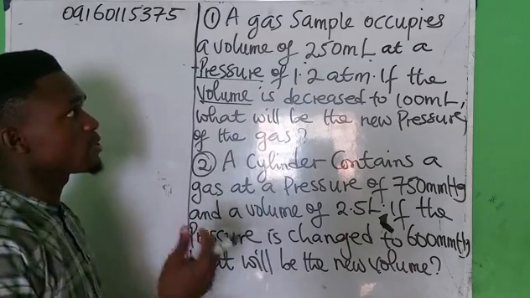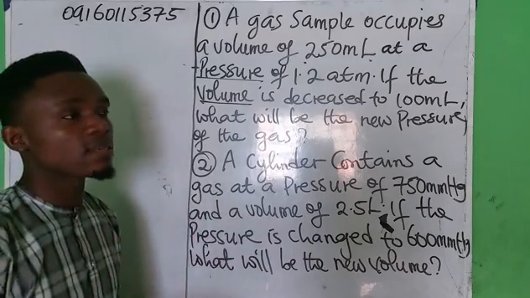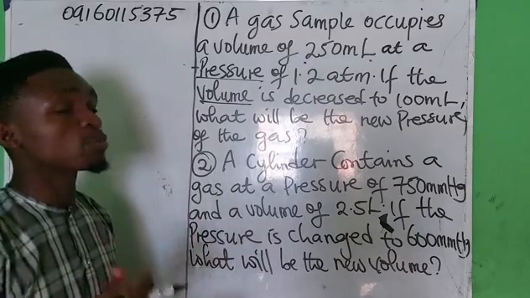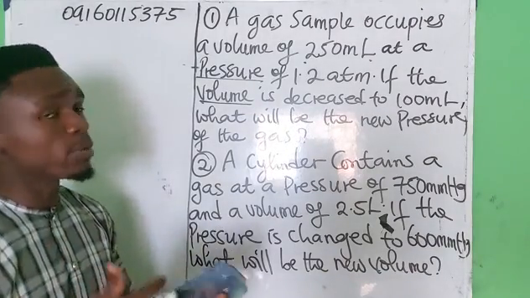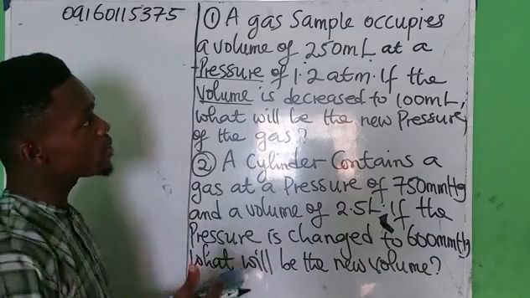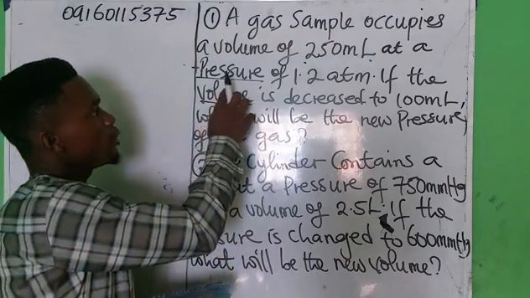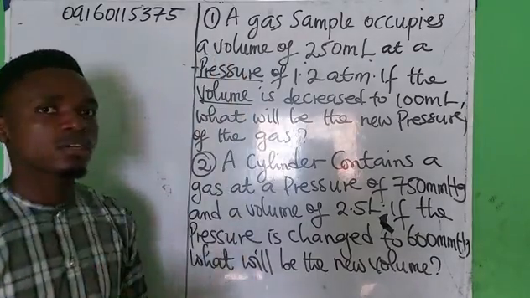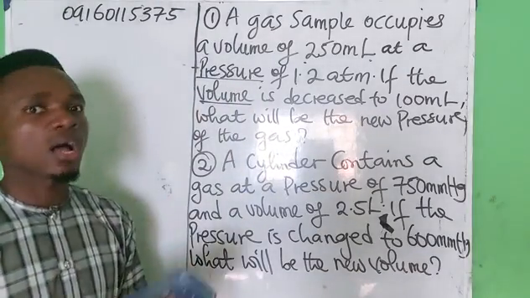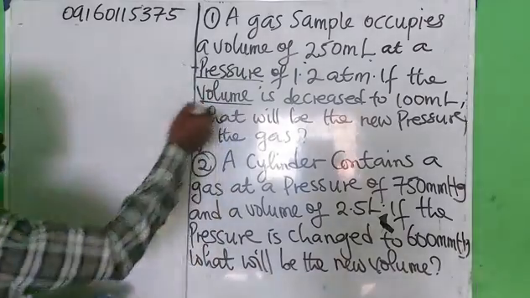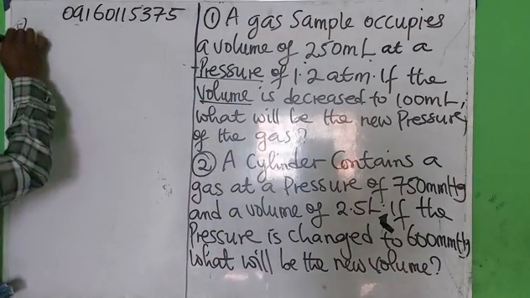But Charles' law states that the volume of a given mass of a gas is directly proportional to its temperature in Kelvin, provided that the pressure is kept constant. Which means that in Boyle's law, volume and pressure are concerned, but in Charles' law, volume and temperature are concerned. So we are using Boyle's law.